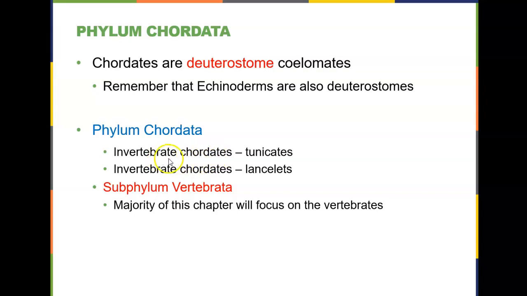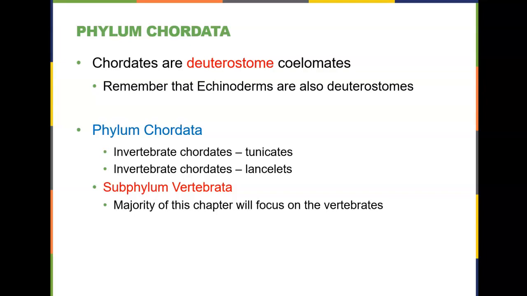So these include the tunicates and the lancelets that we'll talk about in a little bit. So those are invertebrate chordates. But again, the majority of members in phylum Chordata are in fact vertebrates. They fall into the subphylum Vertebrata, and that's what we will focus on in this chapter.